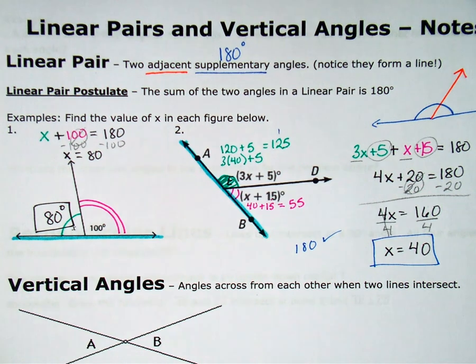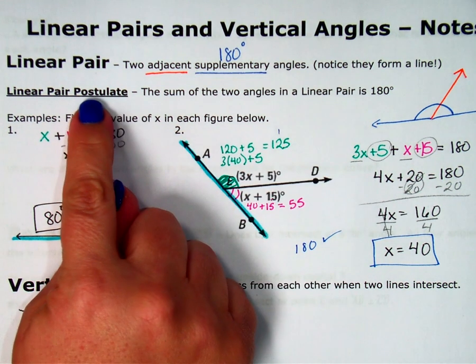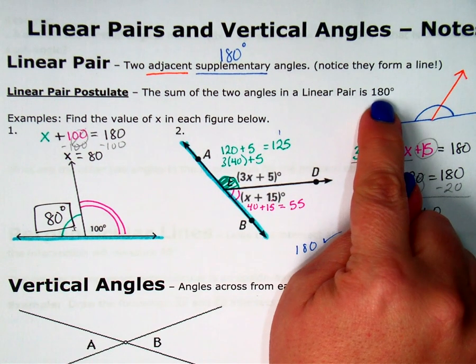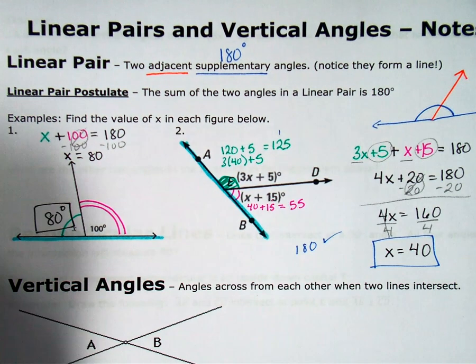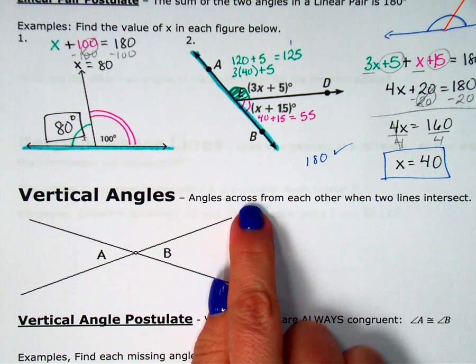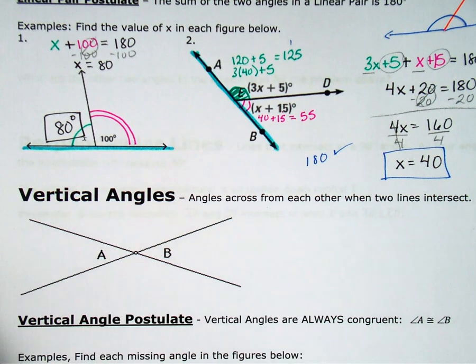Two adjacent supplementary angles, and the postulate says I can add the two angles together to equal 180. Okay, the second type of angle we're going to look at today is called vertical angles. Vertical angles are across from each other when two lines intersect.